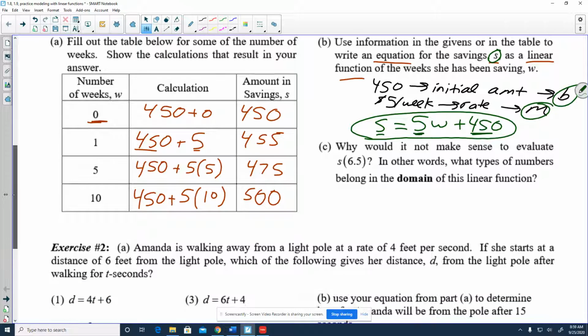Letter C. Why would it not make any sense to evaluate S of 6.5? In other words, what type of numbers belong in the domain of this linear function? So 6.5, right? Our x, or our inputs, are number of weeks, okay?